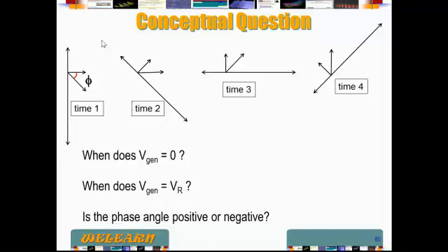Remember, when we look at them, this is going to be VL, this is VC, and this is VR, and that's V gen. And for the values at any instant, we look for the y component. So the only time V gen has a y component of 0 is here. So time 2.